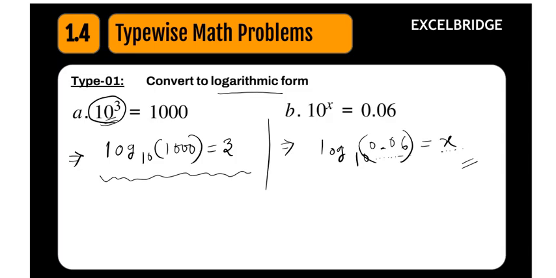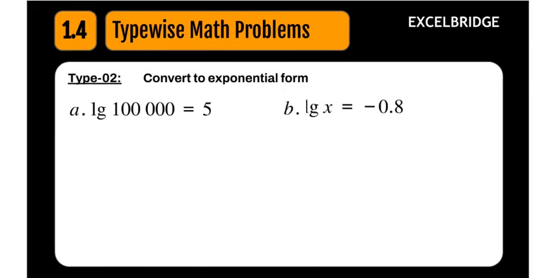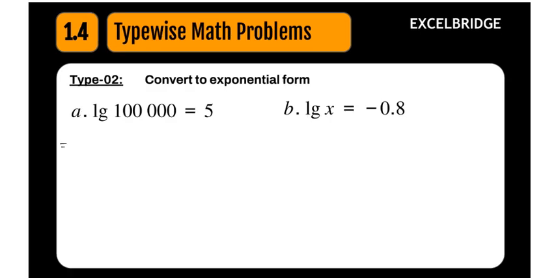Okay, that's fine. So let's go to the second type, convert to exponential form. Here, log of 100,000 equals 5. Since there is nothing written as the base, that means the base is 10.